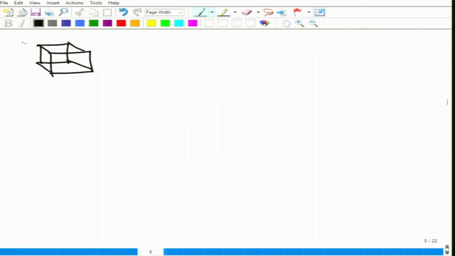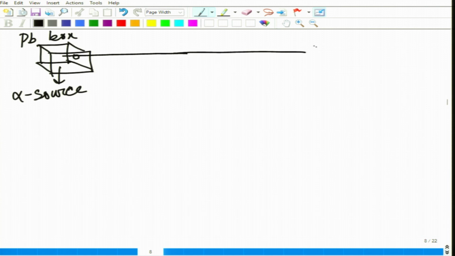There was a lead box and there was a hole in it, and some radioactive particles were put in the box, that is, the alpha particle source was present inside the box and it emitted alpha rays which passed through the hole, and there was this gold foil.